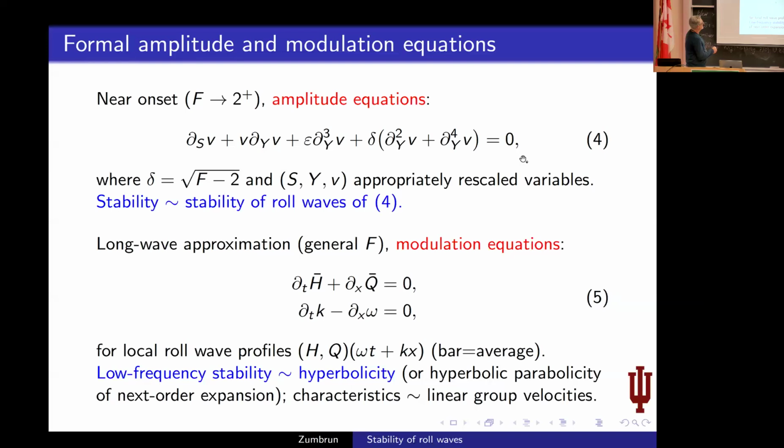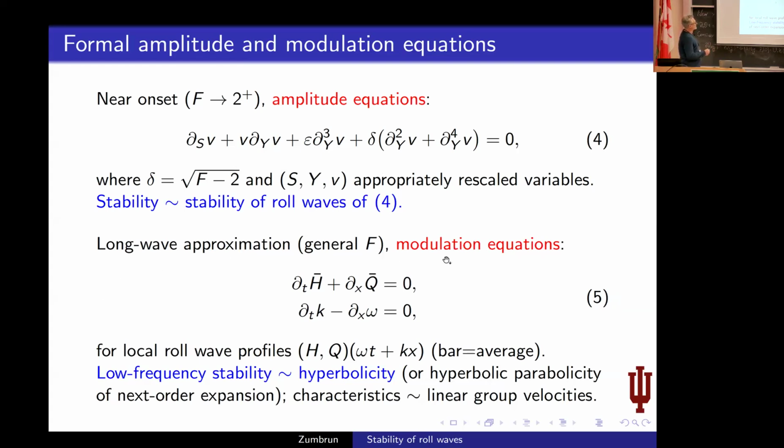We have shown that these support periodic waves. Actually, they're singularly perturbed KdV cnoidal waves, and that was shown by Nick Ercolani. And we've shown that stability of these periodic waves is equivalent to stability of roll waves of Saint-Venant near this onset, as F approaches 2.